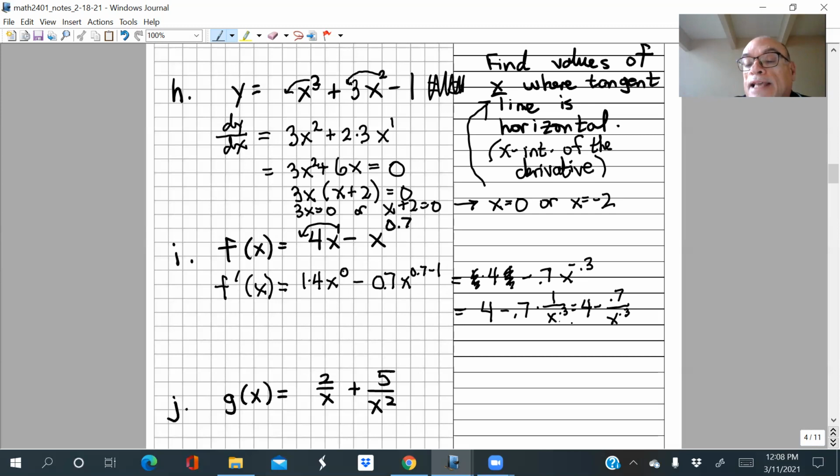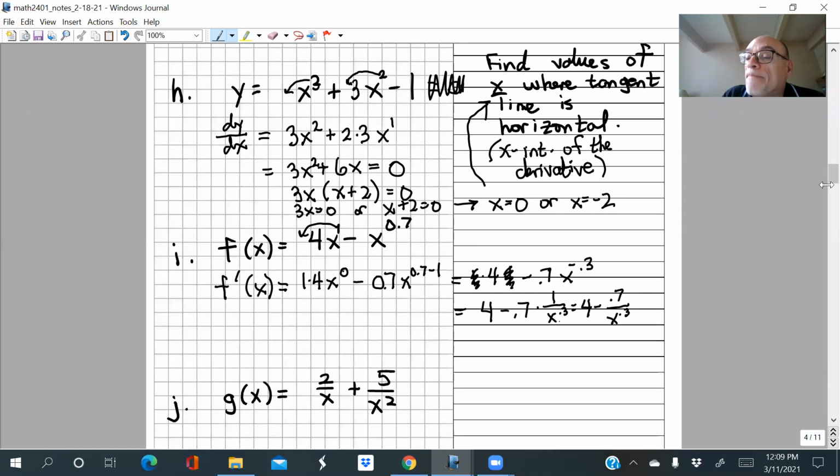Don't put the 0.7 in the denominator, okay? The 0.7 does not go down to the denominator because this exponent only applies to x. If you wanted it to apply to the 0.7, you would have to put the 0.7 and the x in parentheses. So since they're not in parentheses, the 0.7 is not affected by the minus 0.3 exponent, and you won't move it to the denominator when changing that exponent from negative to positive.